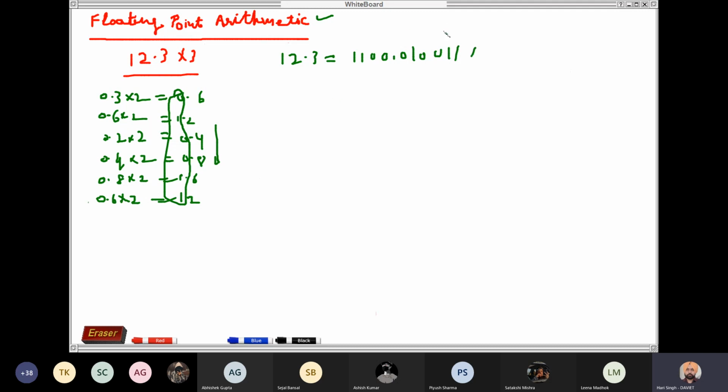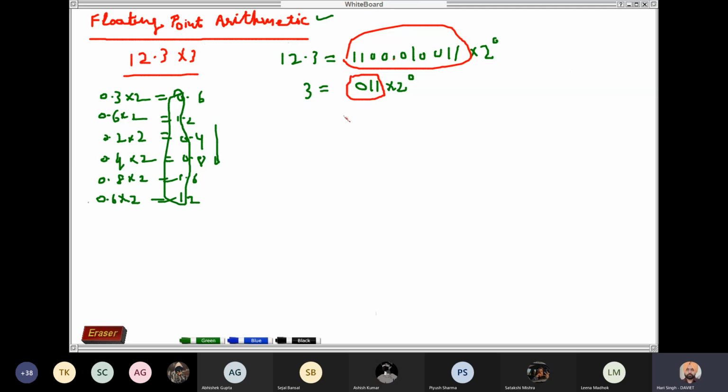Then into 2 power 0. Then 3 is simply 0, 1, 1, into 2 power 0. Now you can multiply the mantissas. The mantissa of the first number is this value, and the second mantissa value is this value.